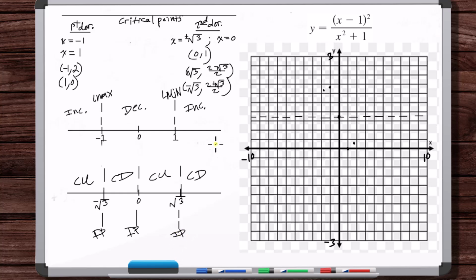So the local max and min here, that's where the slope is going to be 0. So we're going to have this 0 slope here. And then, no, this is here, 0 slope. What about this, 0, 1? Is that an inflection point? Yes, it is an inflection point. You can see we have to be concave down to get to this point, and then we're going to switch to concave up to get to this point. And that's why this is an inflection point.